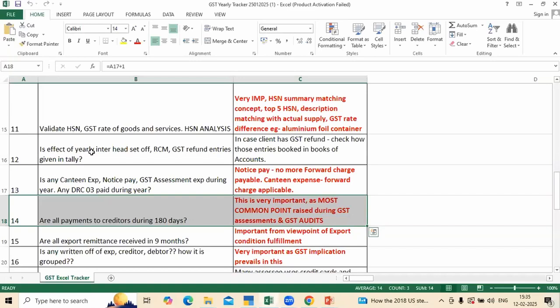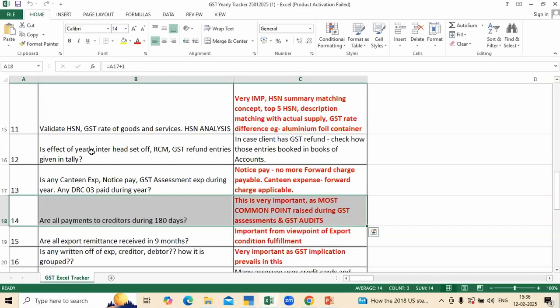For the differential period, the department will ask you to pay interest. And in many scenarios, if the timeline for reclaiming the credit has gone, the department will end up reversing the credit and asking you to pay interest and penalty as well. So my very small request is to use this: Tally has a facility of booking all transactions bill to bill.